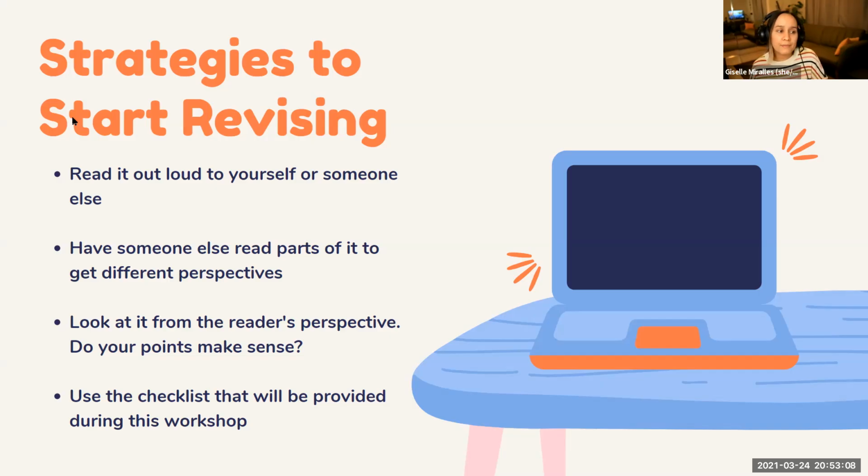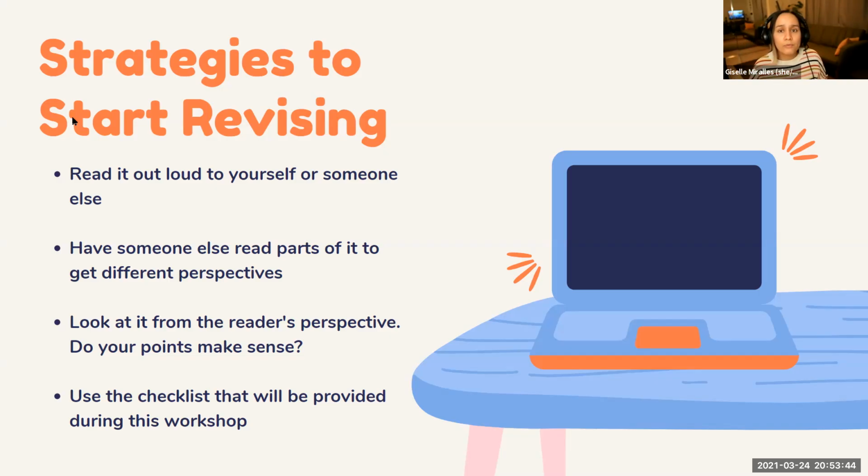Another thing you can do is have someone else read parts of it to get different perspectives. So instead of reading it out loud to someone, letting someone read your essay allows them to visually see something that you might not have caught. When we read our own writing, we tend to skip over things that our brain just fills in. So that's why it's easy to have grammar mistakes or spelling errors or lapses in our arguments, because our brain is filling in stuff that we know.